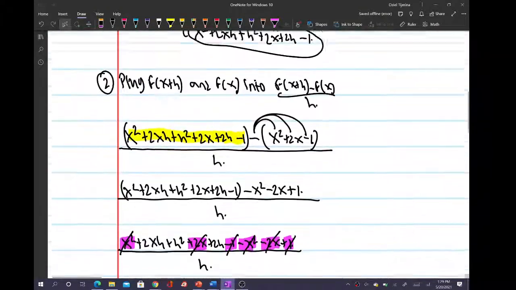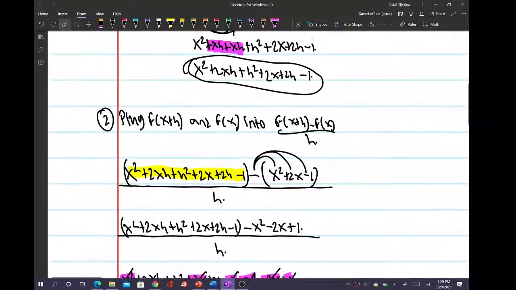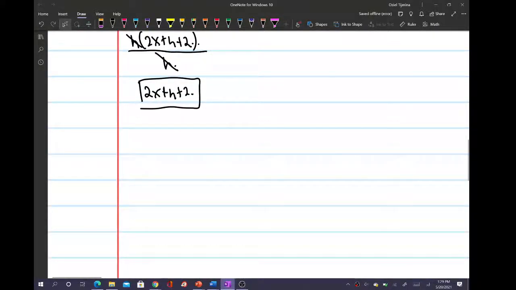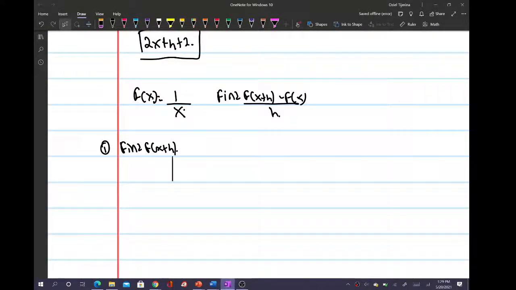Let's do one more, okay? So here we have f of x equals 1 over x. Now, let's go ahead and do the exact same thing. So now we have to find f of x plus h.